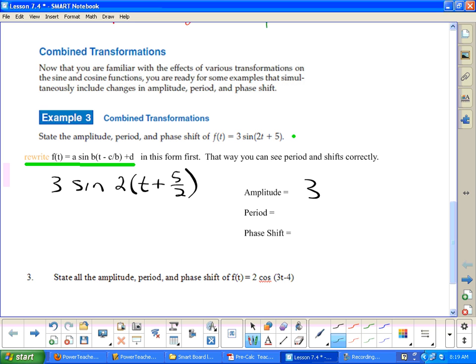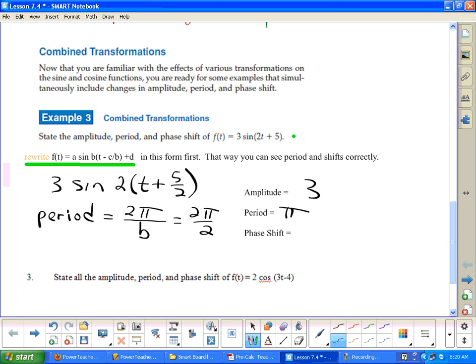The period, remember, is equal to 2 pi divided by the value of B. The value of B in this case is 2, so we have 2 pi divided by 2, which is pi.